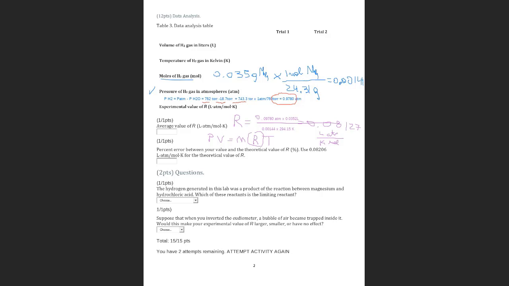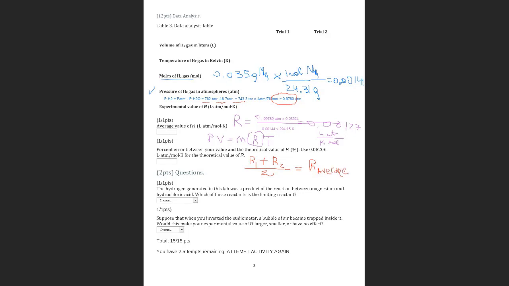And then you are going to calculate the average. How do we calculate the average? The average is just, you have the value of trial 1, you add the value of trial 2, divided by 2. And that is going to give you the value of R, that is the average.